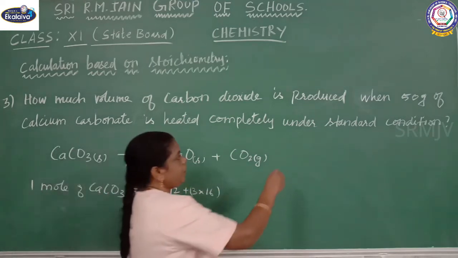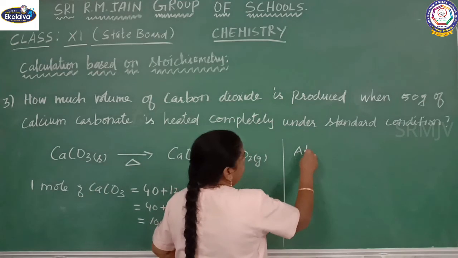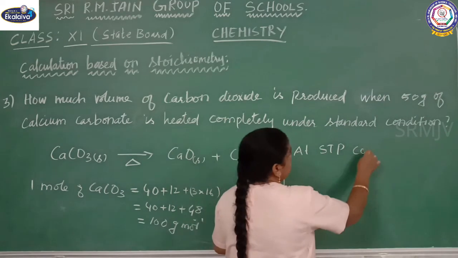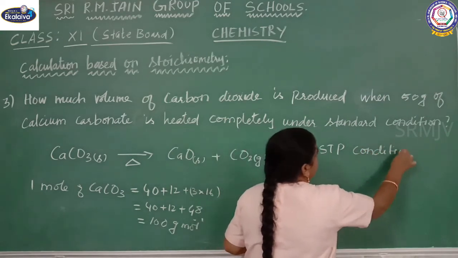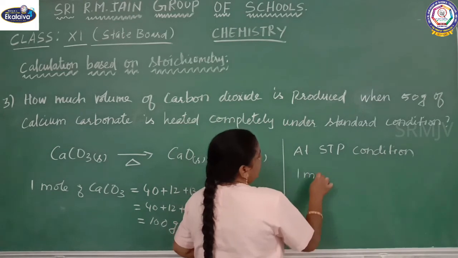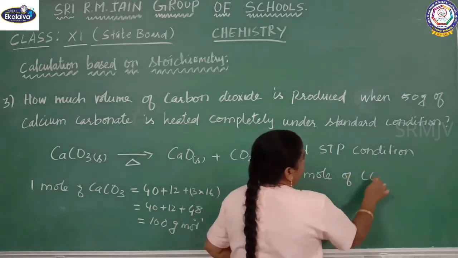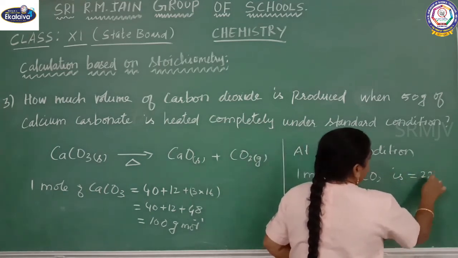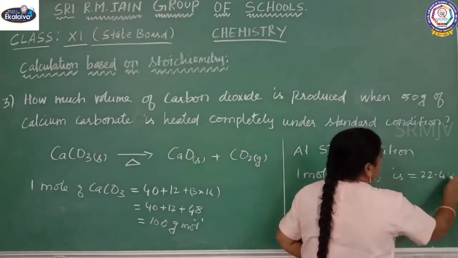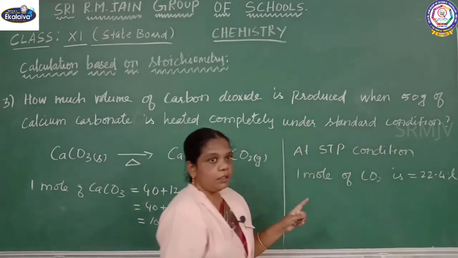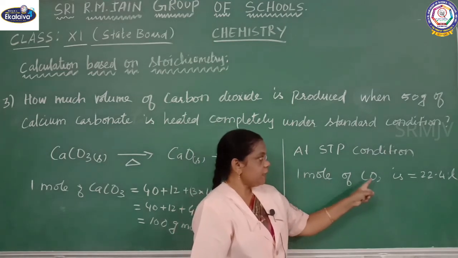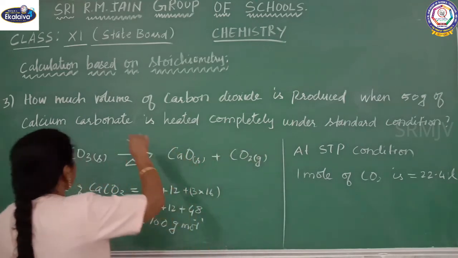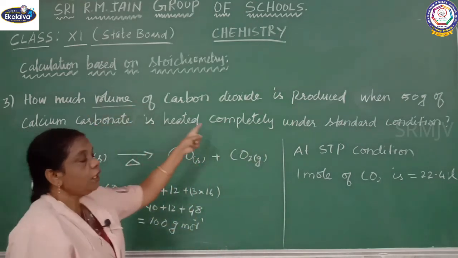So at STP, at standard temperature and pressure condition, 1 mole of carbon dioxide is equal to 22.4 liters. So at STP, 1 mole of carbon dioxide is taken as what? 22.4 liters. So here we want to calculate the volume of carbon dioxide.